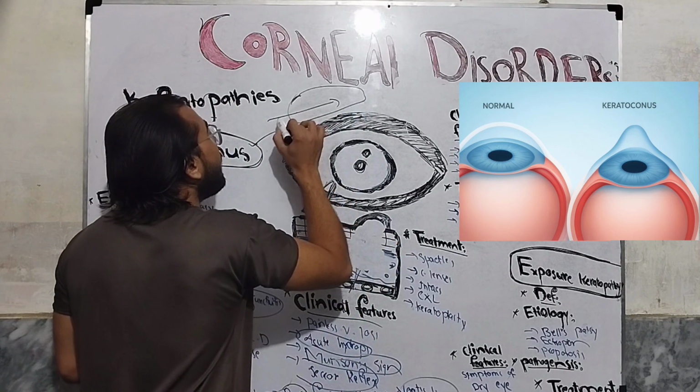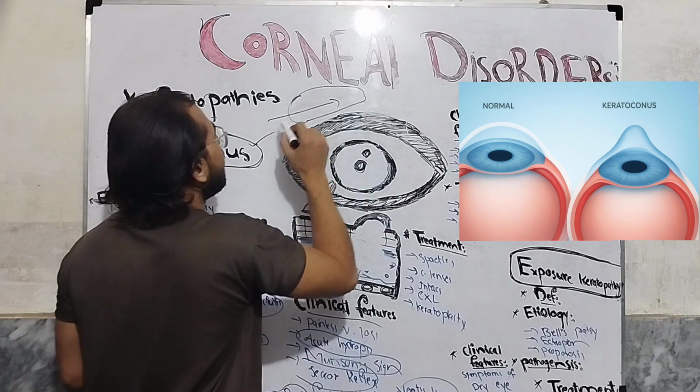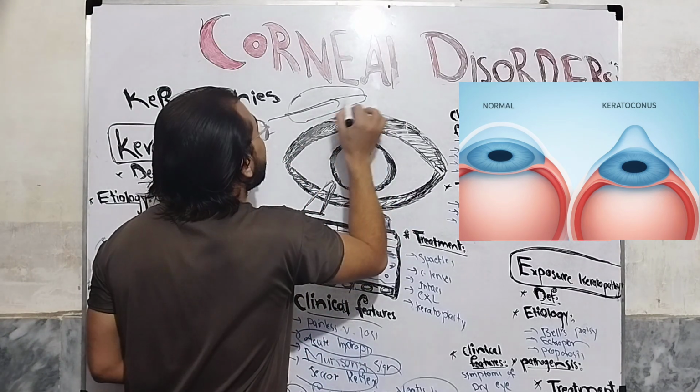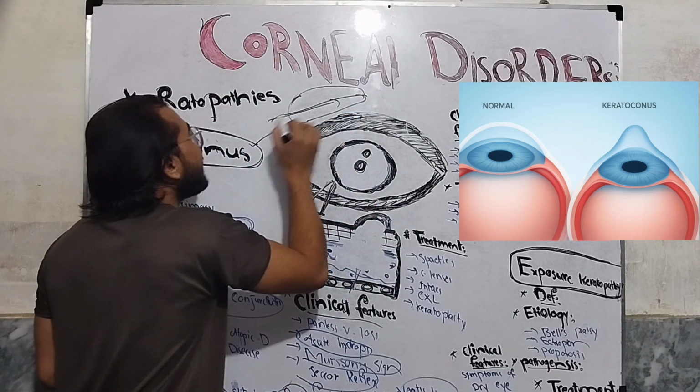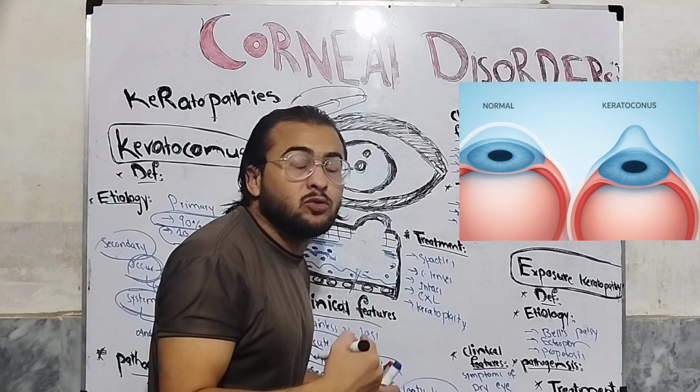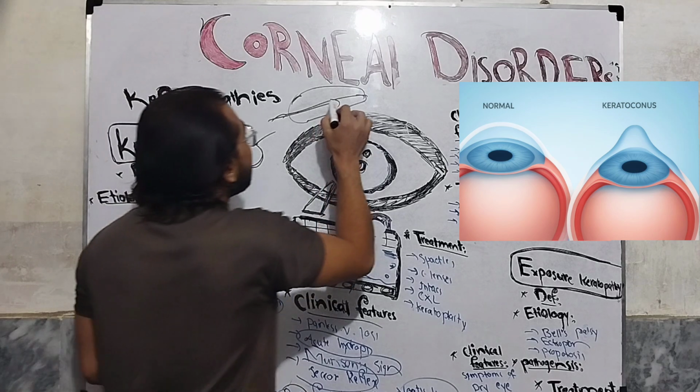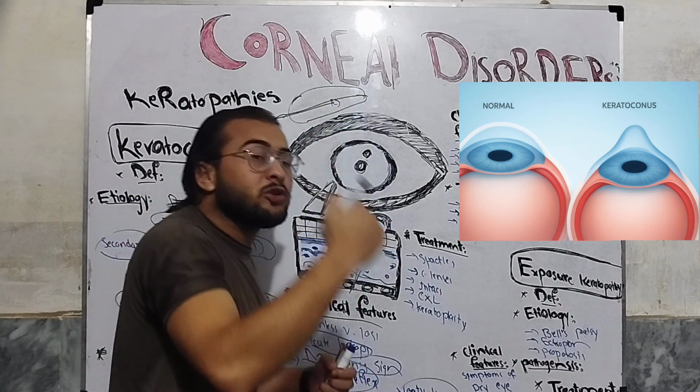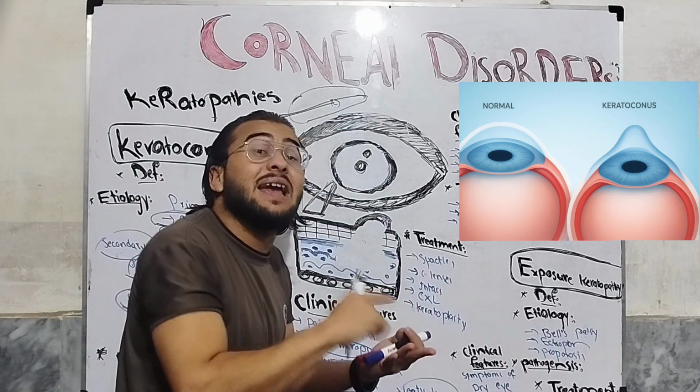In astigmatism, we will have two images on the cornea. And in myopia, the light is focused before the retina and does not even reach the retina. So the visual deterioration is in the form of myopia and astigmatism.